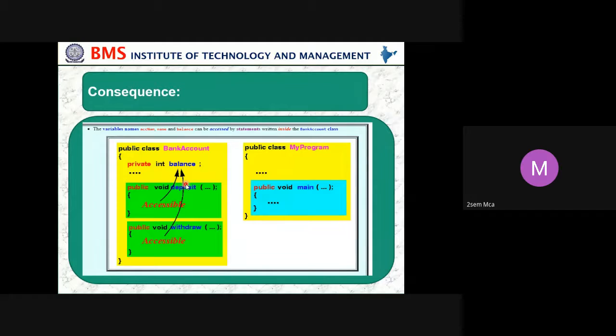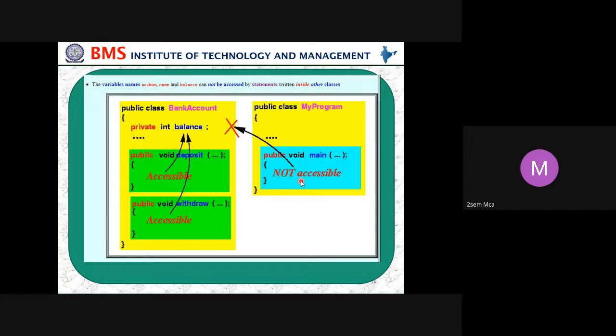So now we have seen deposit, yes, it is accessible; balance is accessible though it is private. Then withdrawal, yes, it is accessible because it is private and within the class. And this program also, this is a class bank account. This is one separate class, and my program is a separate class.